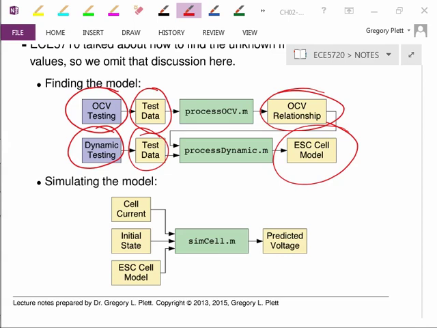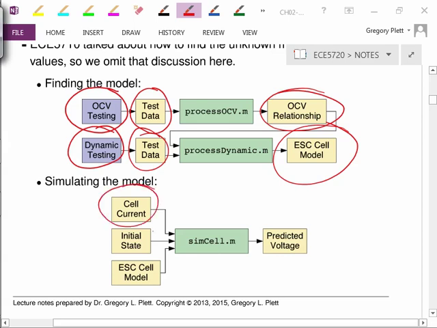Then when we wish to use the model, we simulate by taking the present cell current, the initial state of the model, and the cell model parameters themselves. From here, we simulate the equations, and that gives us predicted voltage.